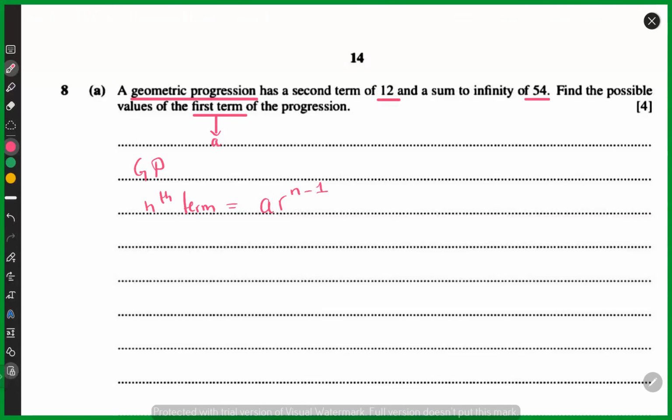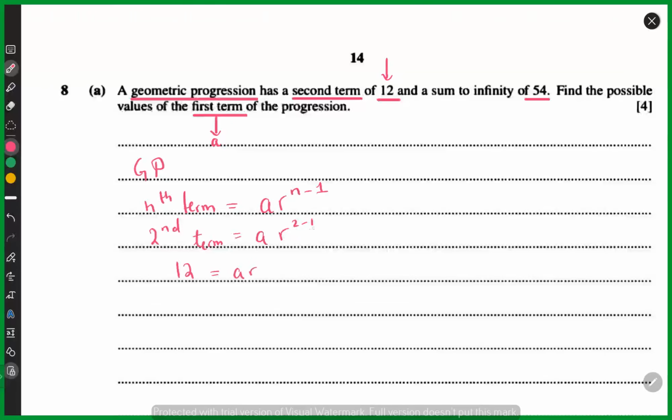And now if I make it specifically for the second term, so when n is 2, I am not sure about a, I'm not sure about r, but I know that n is basically 2, right? So 2 minus 1. And the second term was 12. So that is given. So 12 is equal to a r.